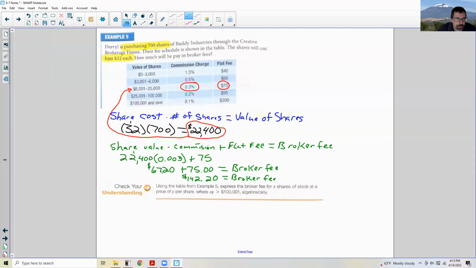So his broker fee for this amount of shares at this price would cost $142.20.